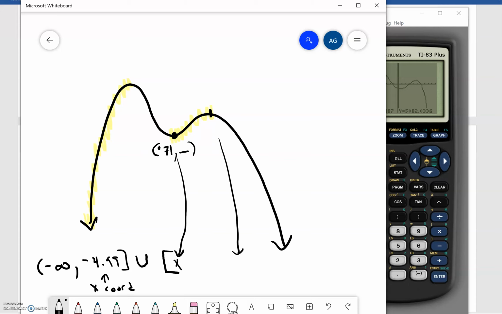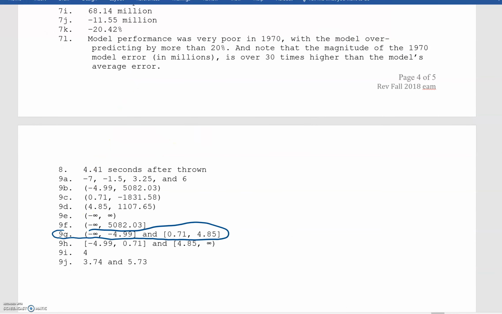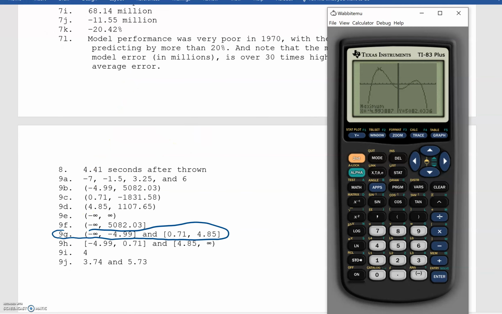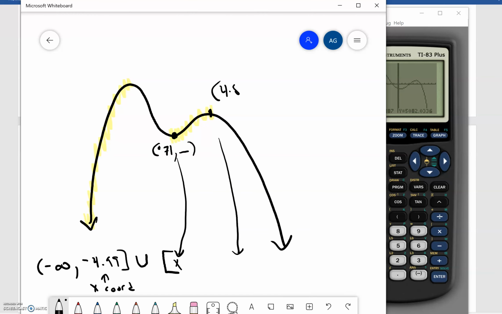I don't know what the y coordinate is. It's something. But then the x coordinate of this point is 4.85, and then whatever that maximum is. And so that's going to be from 0.71 to 4.85. That would be our other interval where the function's increasing.